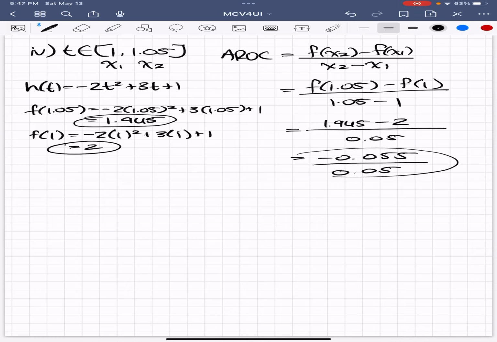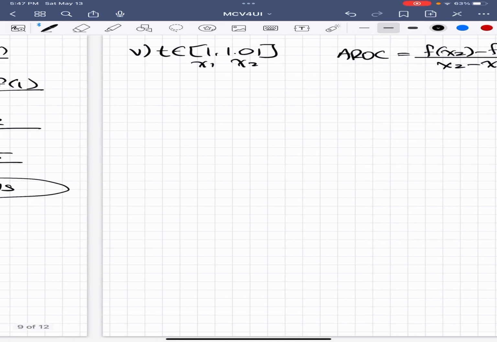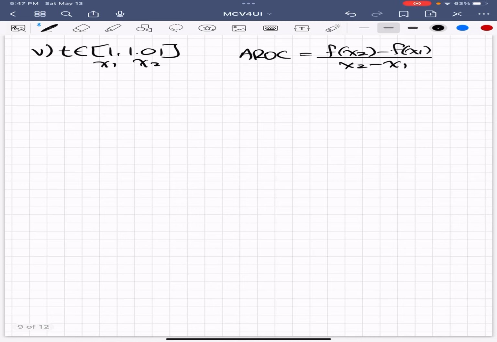If you plug this into your calculator, you'll get an answer of negative 1.1 meters per second. Moving on. So we have x1 and x2, that's 1 and 1.01.